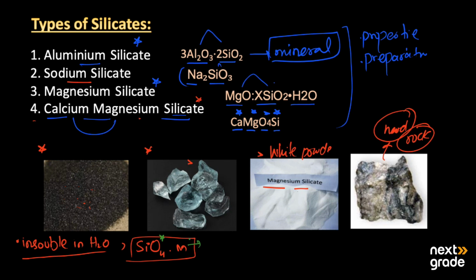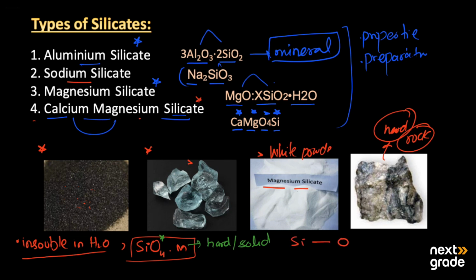On the other hand, silicates are mainly hard, or in the solid state. This is also a main property of the silicates. Now look at the electronegativity of silicon and oxygen.